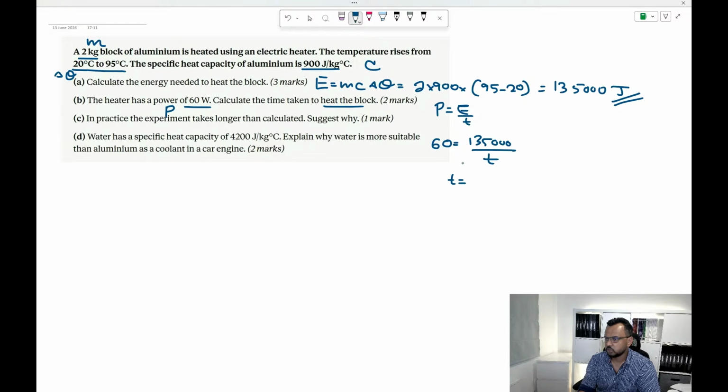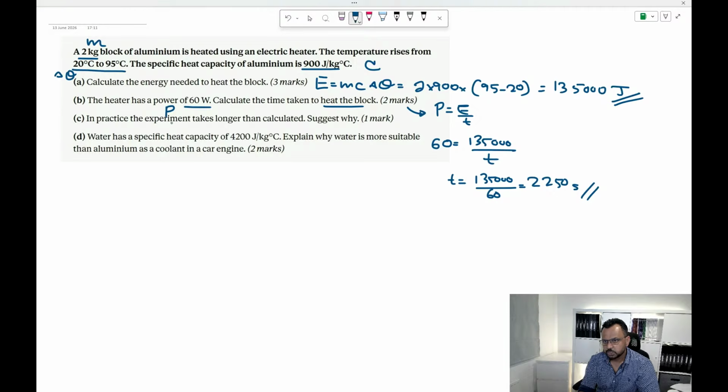Obviously, you need to move time to that side, 135,000 divided by 60. And that gives you 2,250 seconds, guys. Remember, this is in seconds, okay? The time taken is 2,250 seconds. If you want to get it into minutes, it's 37.5 minutes.